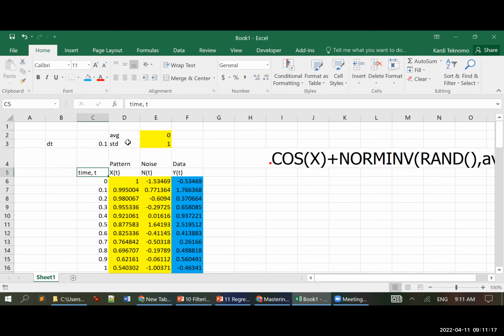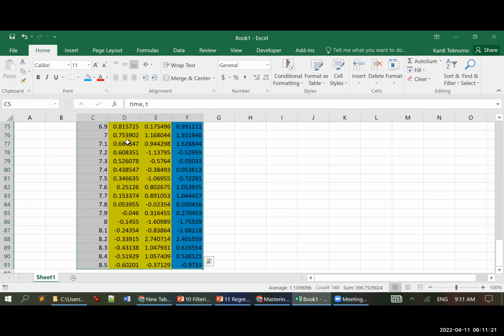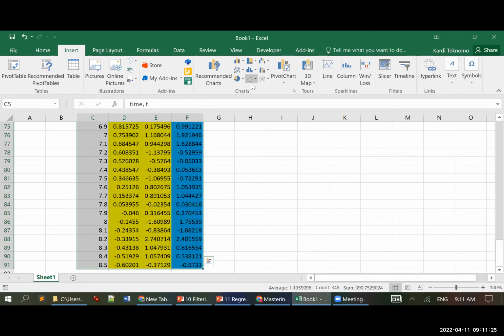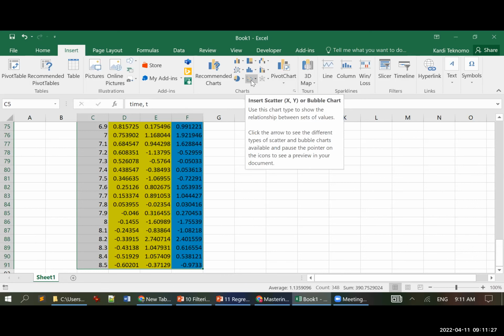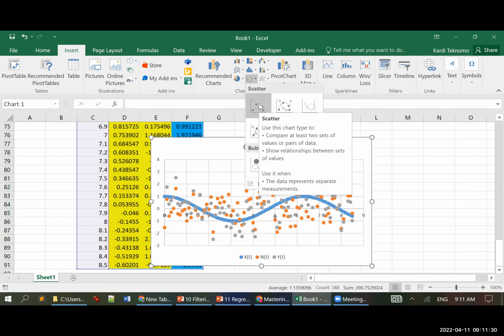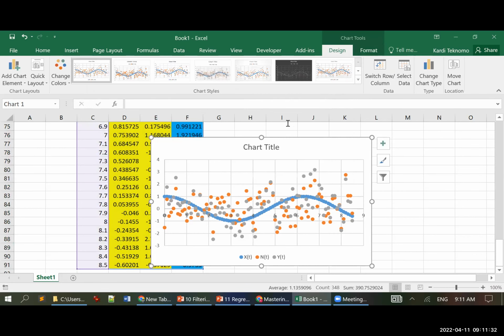Now I will draw using a scatter plot. You see here, the blue part is the pattern.